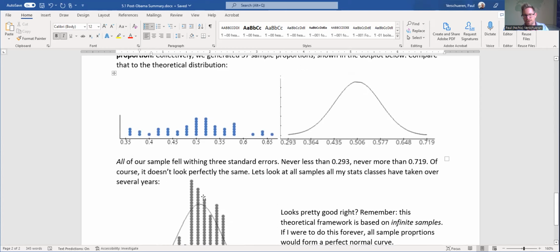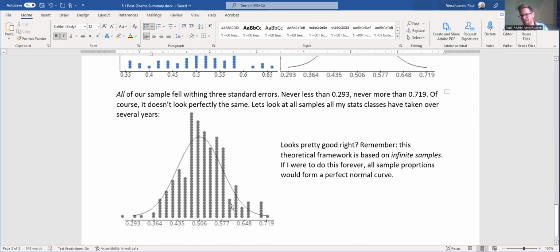Below, I combined these with all the data I've done with all the classes that have gone through the same activity, and notice that it really starts to be similar. This dot plot is every student in my Math 146 classes that went through this process and their result, and it really does fit in that normal distribution.